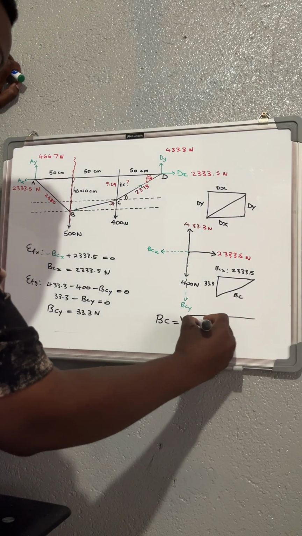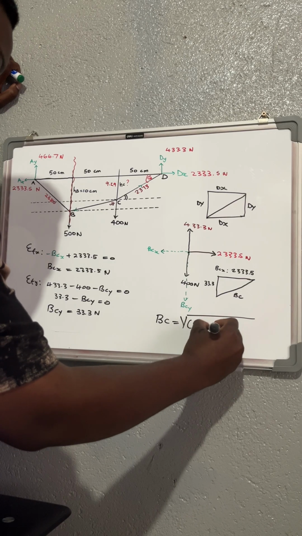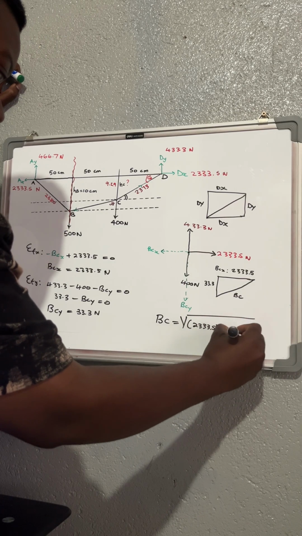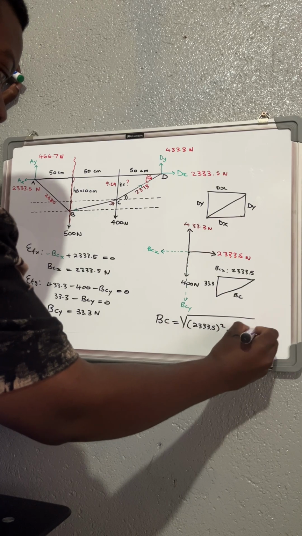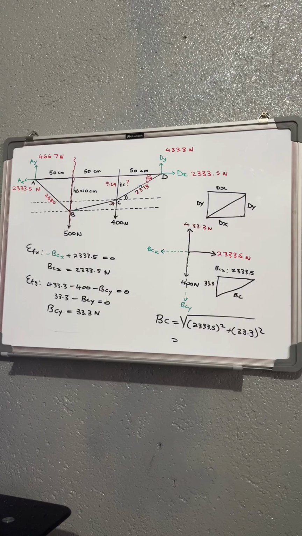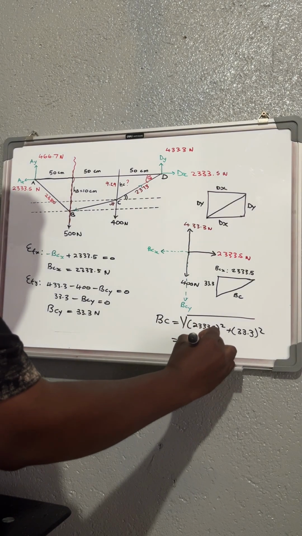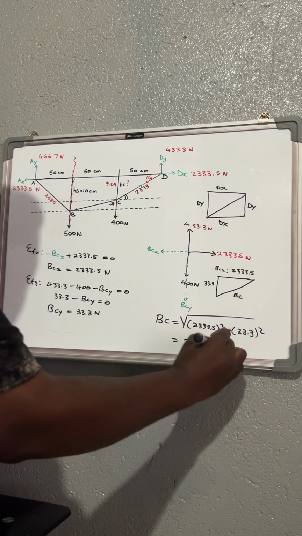square root of what? Of your 2333.5 all squared plus your 33.3 all squared. See? Then now you determine that value, which is going to be 2334. Then you get your 2334 Newton.